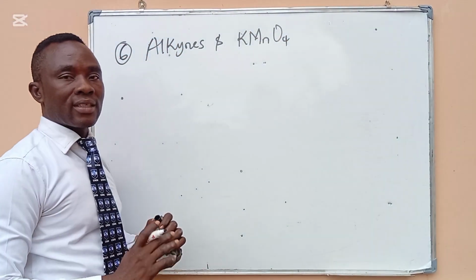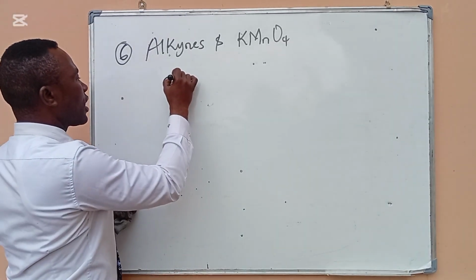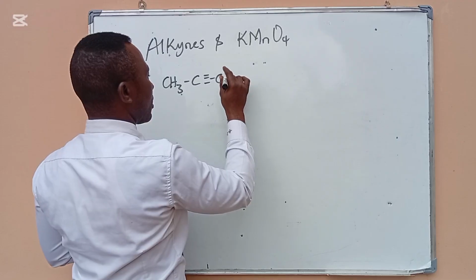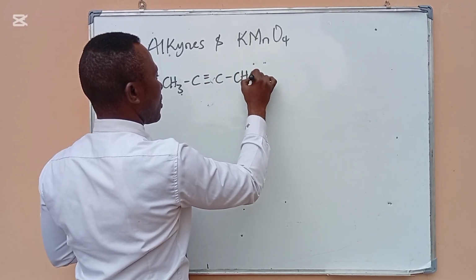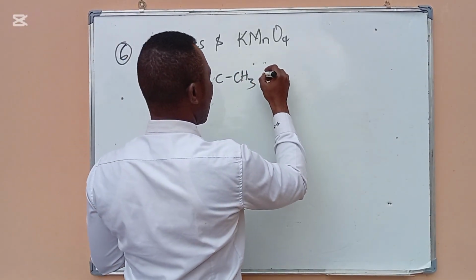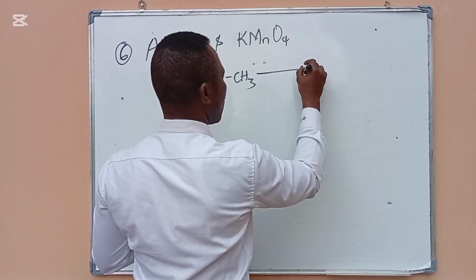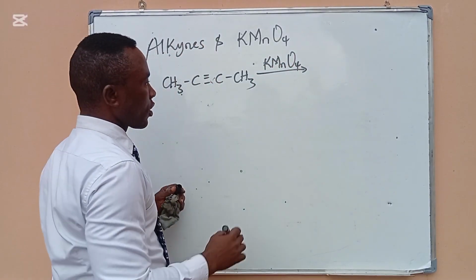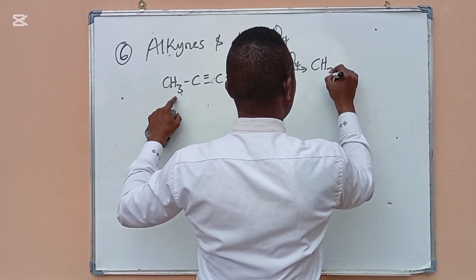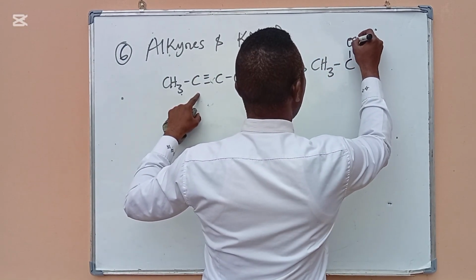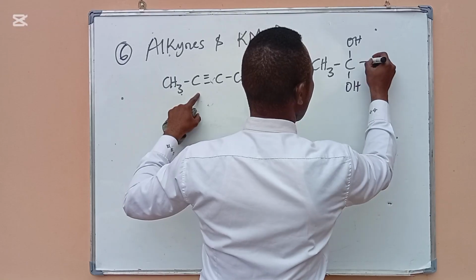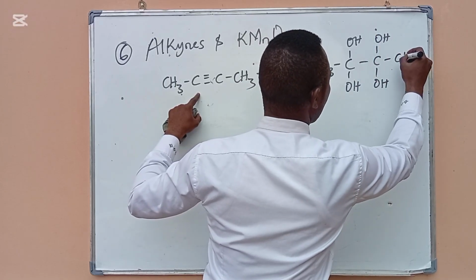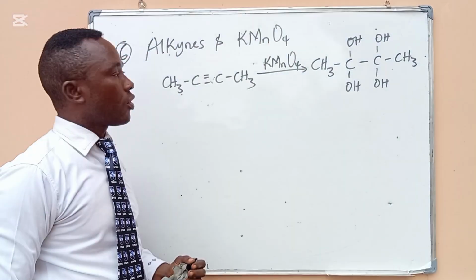Now if we take butyne as our alkyne and we react it with KMnO4, the compound we have is CH3, C(OH)2, C(OH)2, and CH3. That is the compound that will be formed.